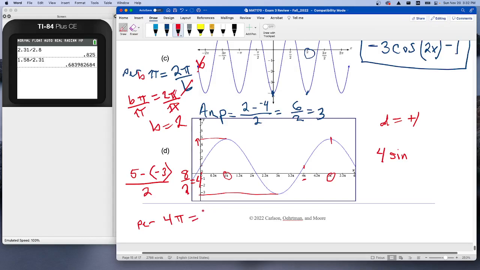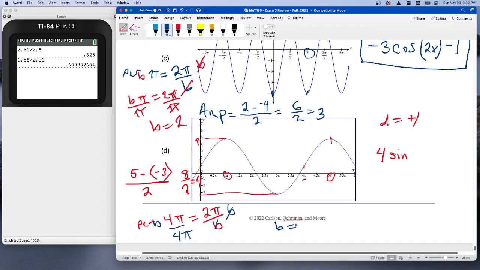I just need to remember that's going to be equal to 2 pi over b. So you could maybe see that b has to be a half, but if not, we'll go ahead and do the multiplying by b, cancel, cancel, and then we divide by 4 pi on both sides.